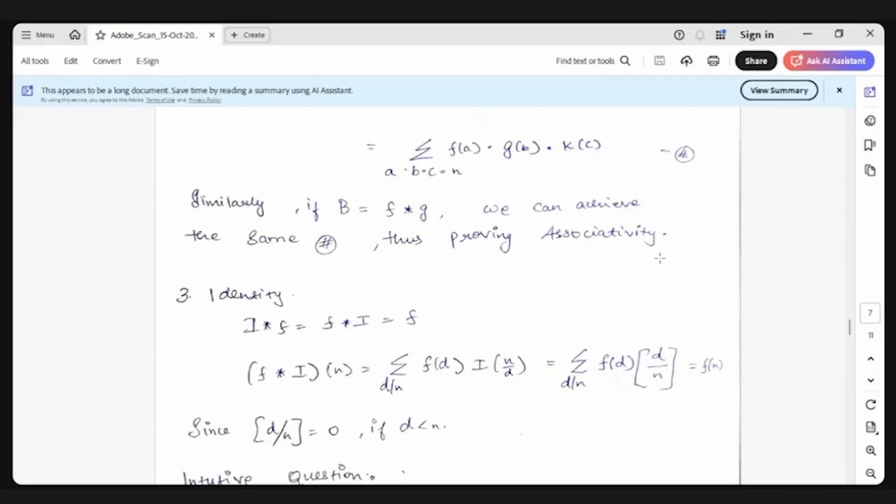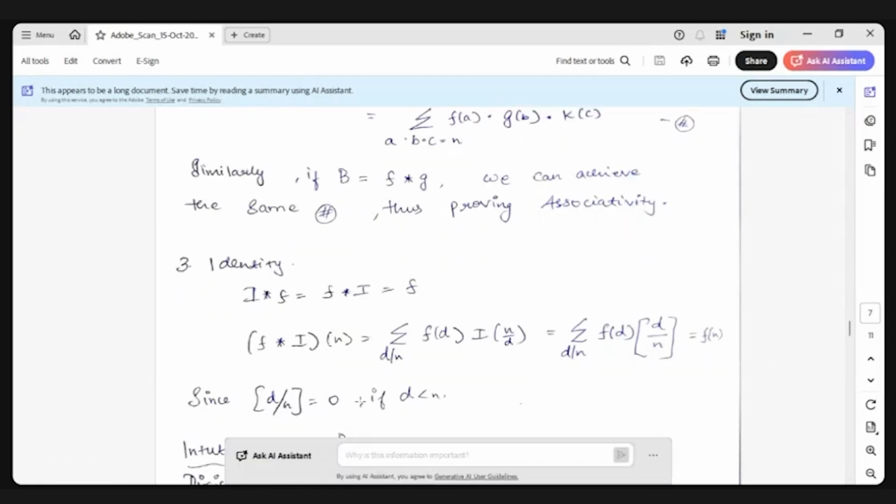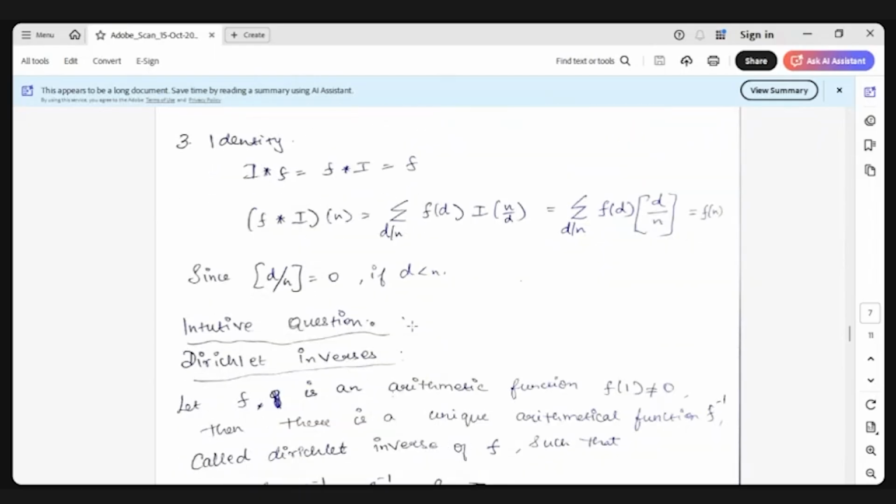So n by d changes to d by n. So this is going to be f of n, because d by n is going to be 0, and only for n you will get the value, rest of everything will become 0 if d is less than n, right? Okay. So now these properties are being checked right now.